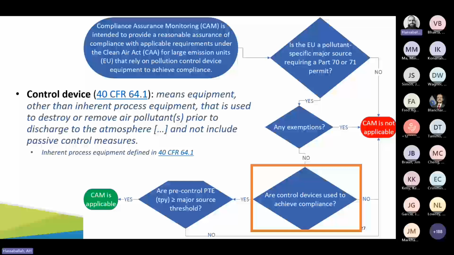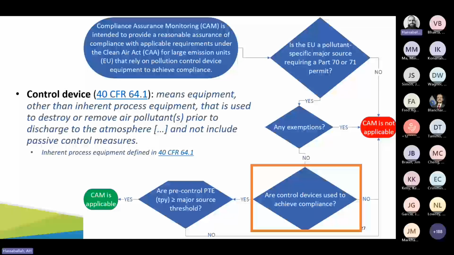It's likely that most of us are familiar with what control devices are, but those are your fabric filters, carbon beds, condensers, and so on. Now, inherent process equipment is defined in 64.1, but basically it is equipment that is integral to the process in question. And we will get into a comparison chart in the next slide.